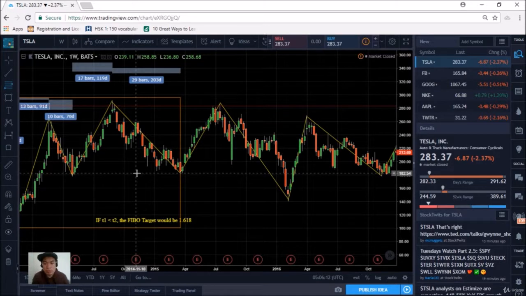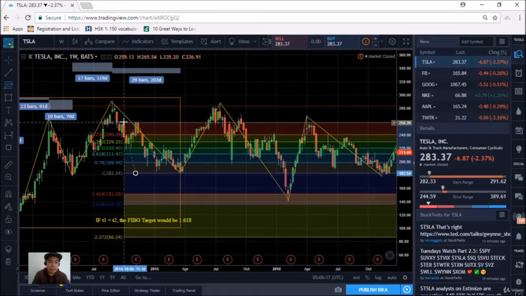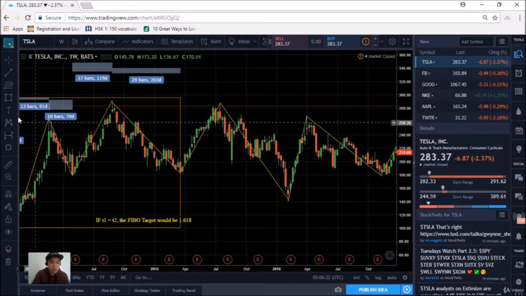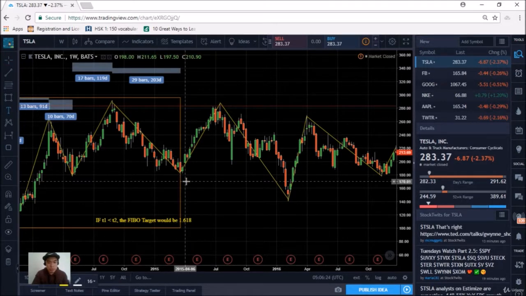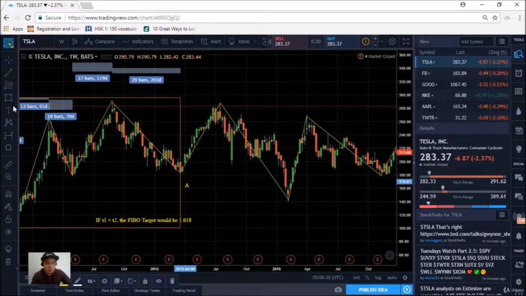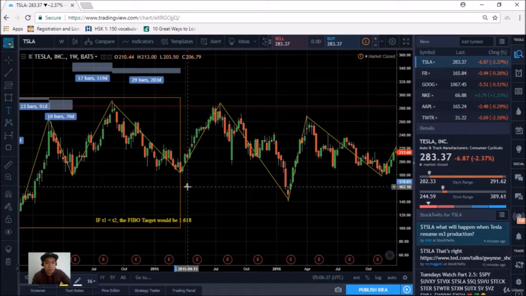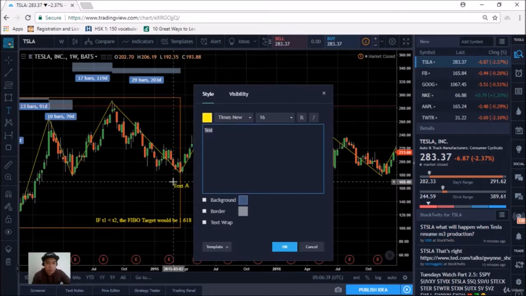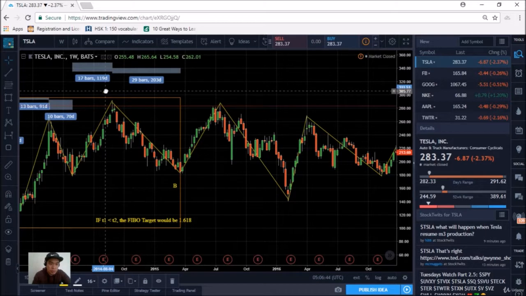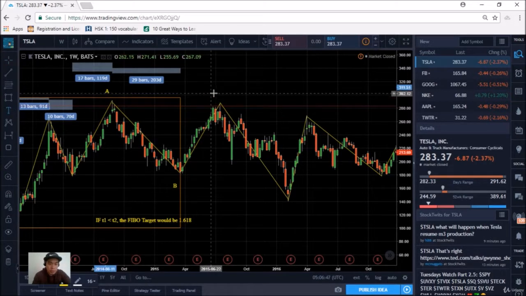If you want to measure the target for your downward movement with Fibonacci analysis, what you can do here is put this as A, and I think this is supposed to be B, and this is supposed to be A. So A, B and C line.